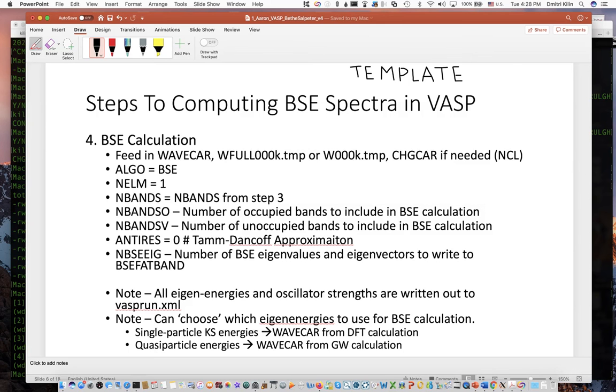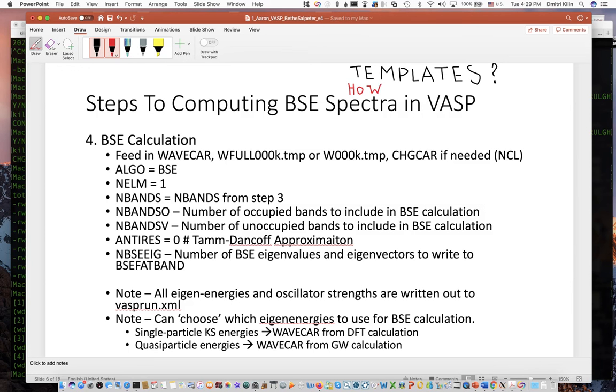And then a CHGCAR if needed for non-collinear calculations. And then it tells VASP to run the Bethe-Salpeter. For your INCAR, you put this tag ALGO equals BSE, and this NL equals 1 just to do the calculation once.